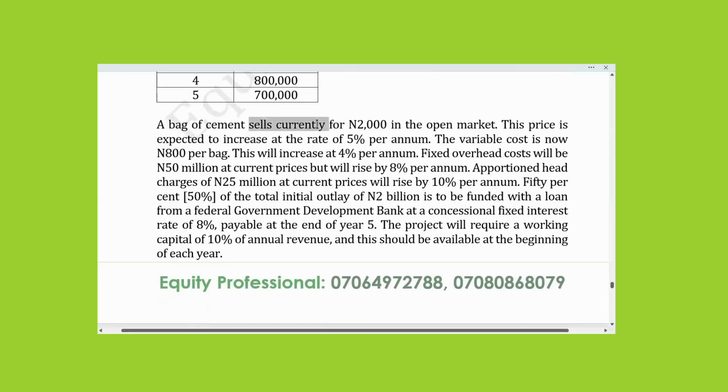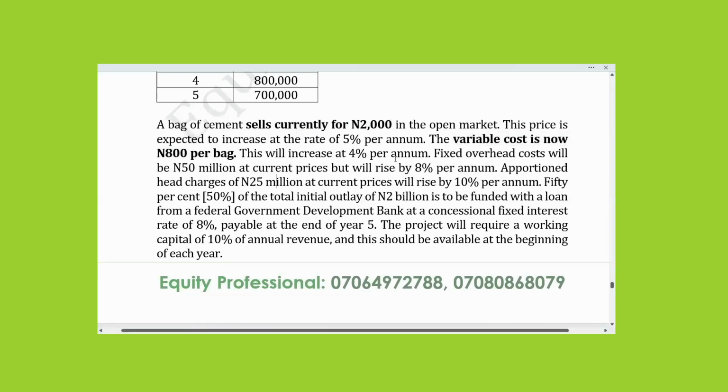This will increase at 4% per annum. Fixed overhead cost will be 50 million at current prices, but will rise by 8% per annum. Apportioned head charges of 25 million at current prices will rise by 10% per annum.